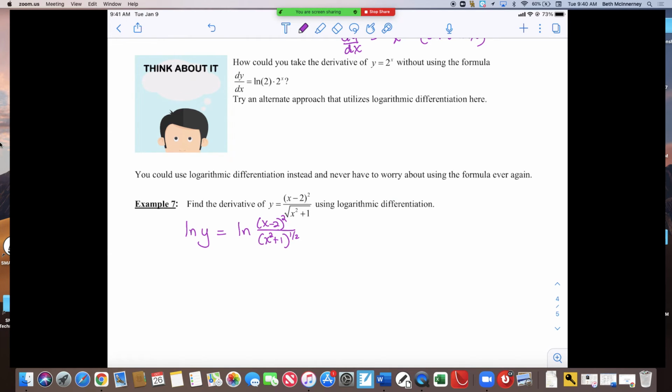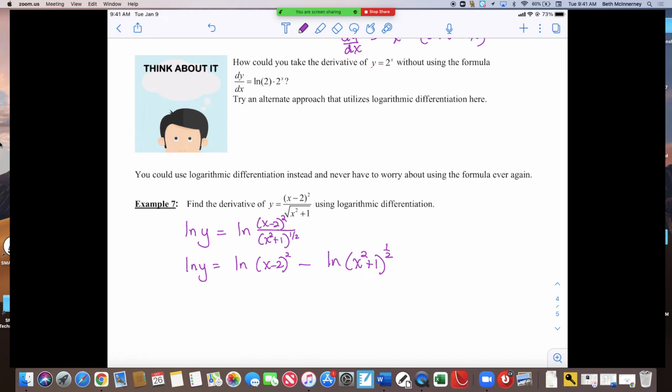And we did one like this earlier. It's very, very simple to find the derivative of a natural log. It's 1 over the stuff times the derivative of the stuff. But what you need to do is get it so that you have a natural log of just one thing instead of a quotient.